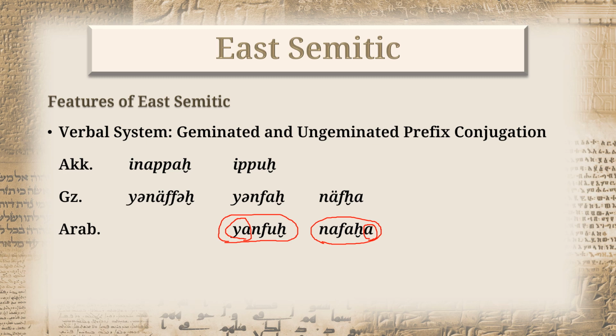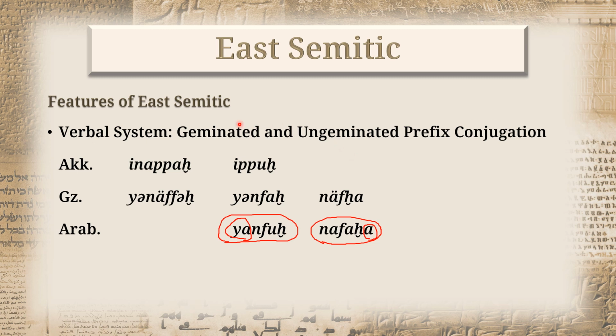And if we go to the top and we talk about Akkadian, Akkadian has these two verb forms, inappach and ippuch, and it does not have a suffix conjugation verb form. It has some kind of archaic form of that, but that's called the verbal adjective. Some books call it the stative, and it's more like an adjective than a verb.